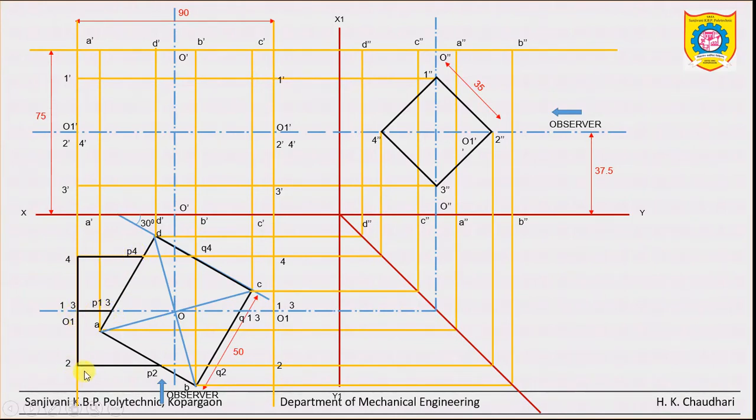Similarly for the right side also, up to Q4, Q2 and Q1 we have shown the outlines. And inside the prism those edges are there but they are hidden, so draw the hidden lines inside this square. Now the top view is completed.